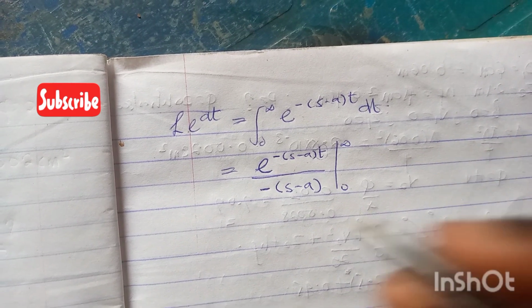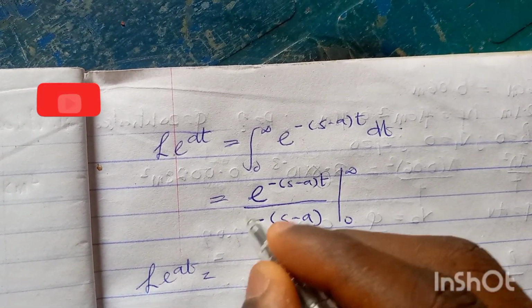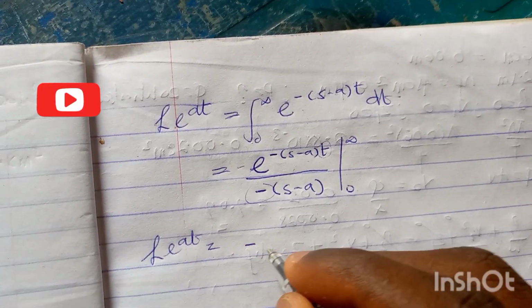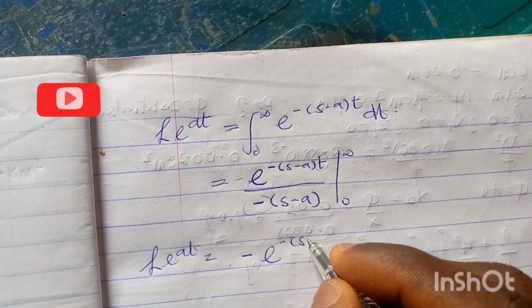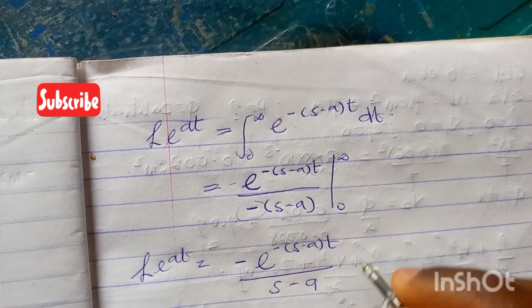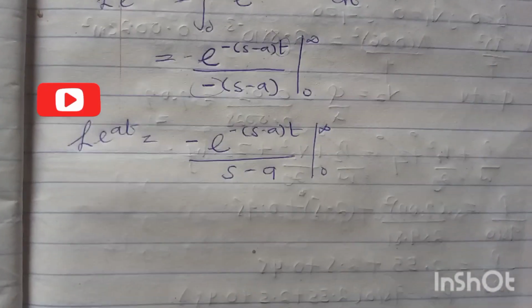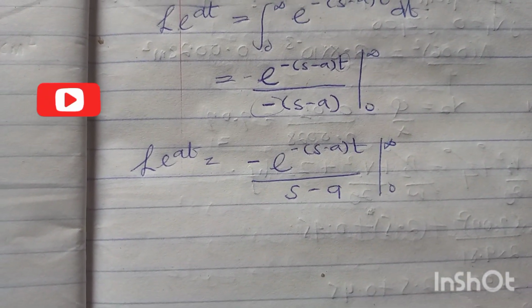Infinity. Now the Laplace of exponential at, definitely your minus will come to the numerator, that's minus exponential minus this over s minus a, then your interval 0 to infinity. Now to solve your intervals, it will be the upper boundary minus your lower boundary.